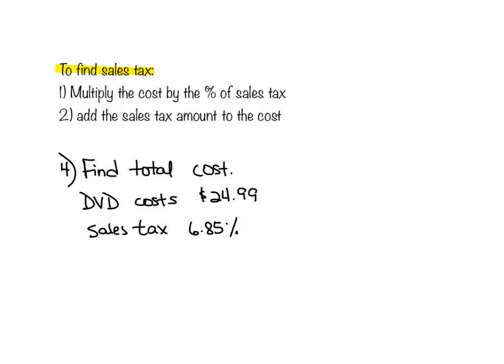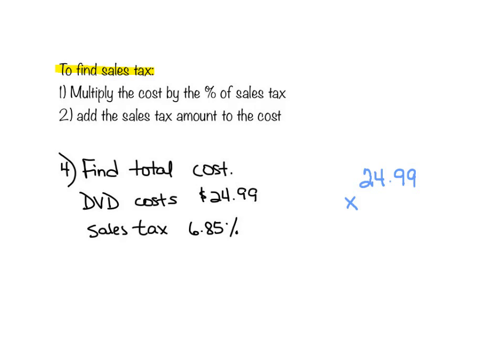If a DVD costs $24.99 and there's a sales tax of 6.85%, how much is the total cost? Okay, so here's what you would do. Take your cost of $24.99 and multiply it by the percent.